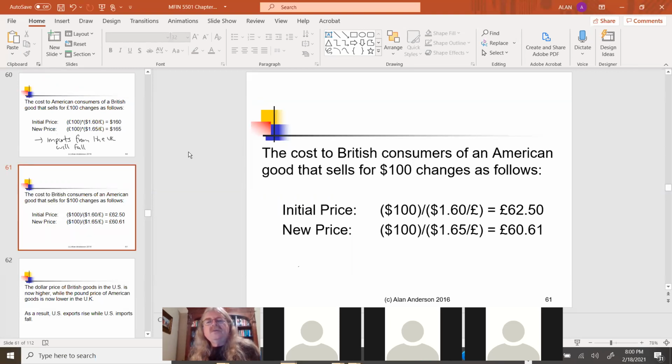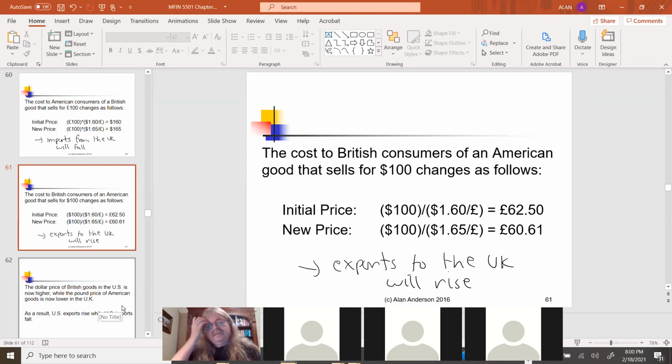So now the British will buy more American goods, so exports to the UK will rise as a result of this. Okay. Yes, and you can see why, because the price changes. American goods are now cheaper than they were, and so British goods will stay the same. And suddenly, people might decide to buy American goods.